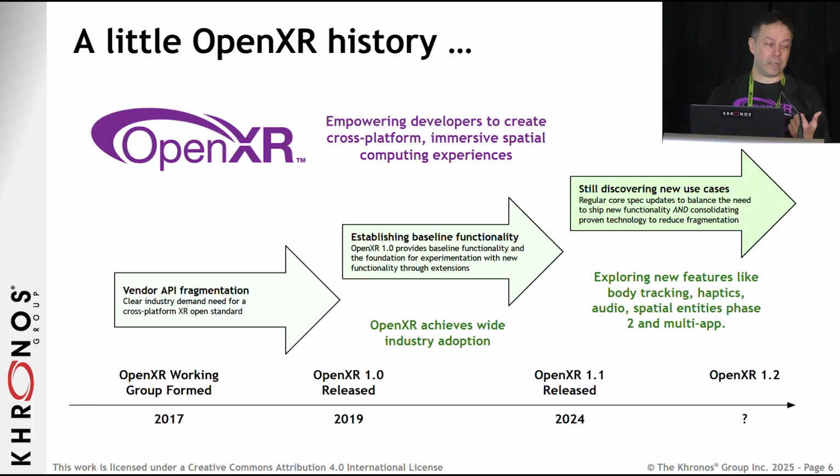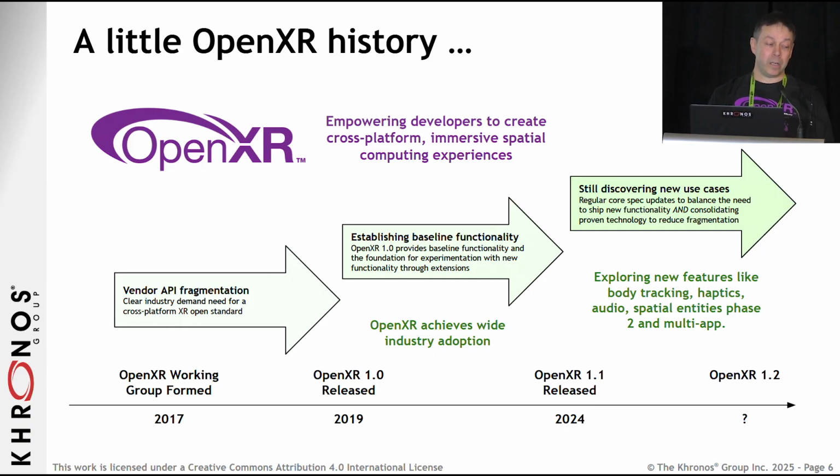Good. And a short history here of OpenXR. The working group was formed in 2017. Most of the companies came together at that time and decided that we wanted to grow the pie of compatible applications and make life easier for developers.